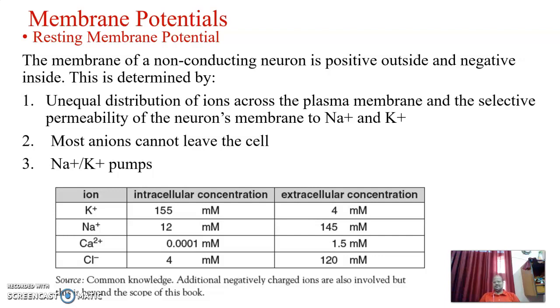In this way it transfers 3 sodium ions outside and 2 potassium ions inside. Though the potassium ions leak more, the pump utilizes ATP, and for each ATP it passes 3 sodium ions outside and 2 potassium ions inside.